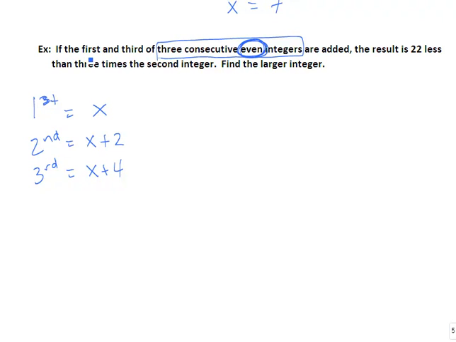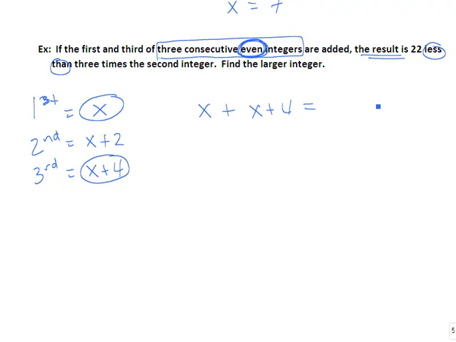It says, if the first and third are added, okay, so the first is x, the third is x plus 4. So we want to add x plus x plus 4, the first added to the third. The result is, that means equals, 22 less than 3 times the second integer. Now less than is one of those phrases, just like the phrase subtracted from, where you have to subtract in the opposite order.